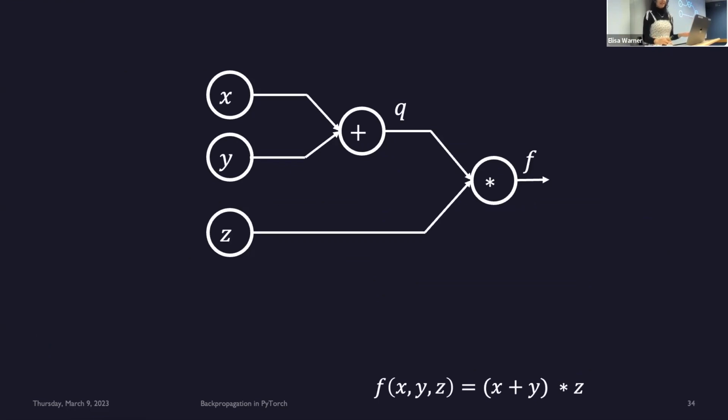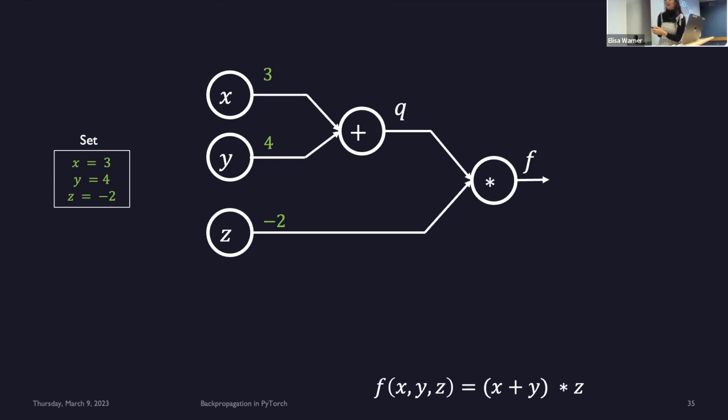I'm going to set some example input through our forward pass: x equals 3, y equals 4, and z equals -2. I'm also going to define an intermediate variable q, which equals x plus y, and that equals 7, because 3 plus 4 equals 7.